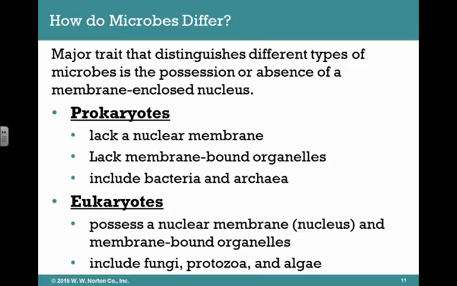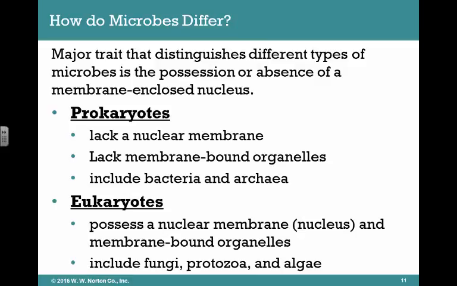As I mentioned, there are these two major groups based on the anatomy or the structure of the cells that make up these organisms. You should know the difference. You should have already learned this in general biology.